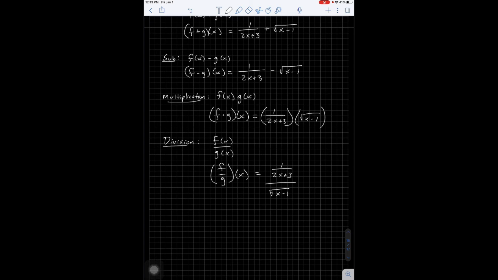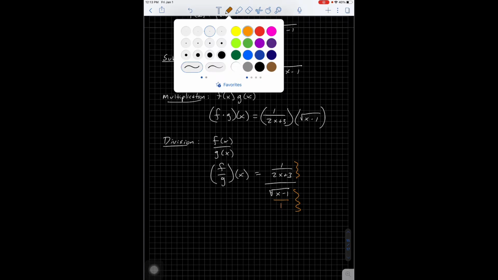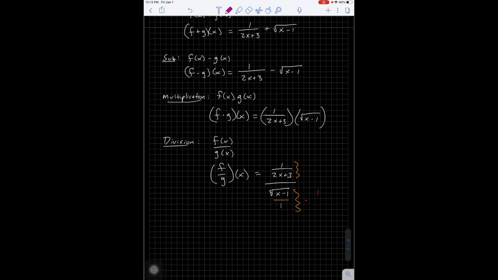But a lot of times in functions, just like in fractions, when you do division, you create fractions on top of fractions. So if you'll see here, we have a fraction here, and really, because this is over 1, we have a fraction here. And this is not simplified. We're never going to leave fractions on top of fractions in this class. And so the way that you fix that, if you have a fraction on top of a fraction, is you take the bottom and you flip it over and you multiply.